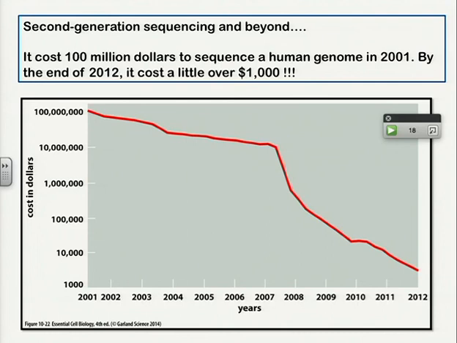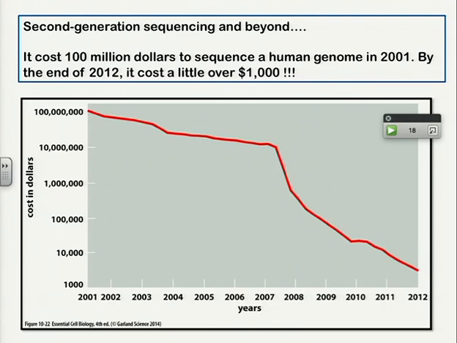Now it costs not even $1,000 to sequence a genome, and before too long, getting your genome sequence will be like determining your blood type. It'll be a couple of $100, and it can be done very simply. And then, of course, the question is, what does the information mean, and who has it, and who has access to it, and all of that.